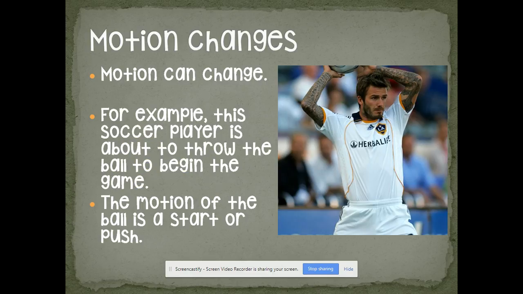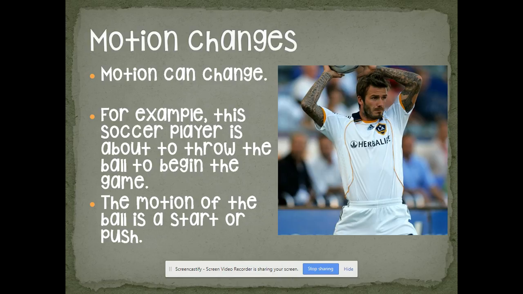Now, there are 4 specific motion changes that I want to focus on today. Motion can change. It doesn't have to just be zigzag, in a circle, back and forth, and we're going to talk about it. I'm going to use soccer as our example because I know a lot of you like it. In this picture on your page, the soccer player is about to throw the ball to begin the game.